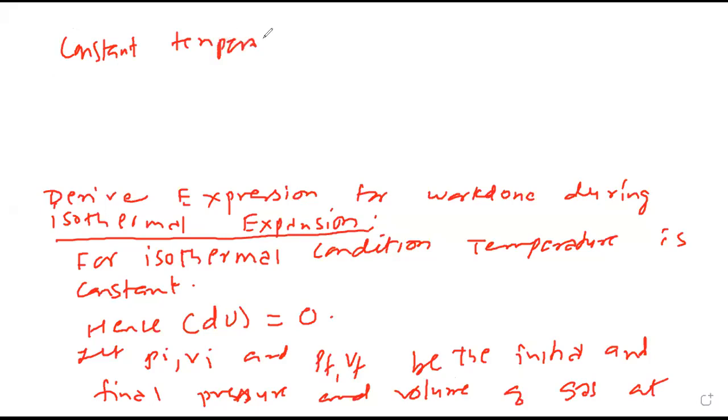Most of the colleges ask this derivation. For isothermal condition, temperature is constant, therefore the change in internal energy is 0. So the total heat supplied is only utilized to do work.